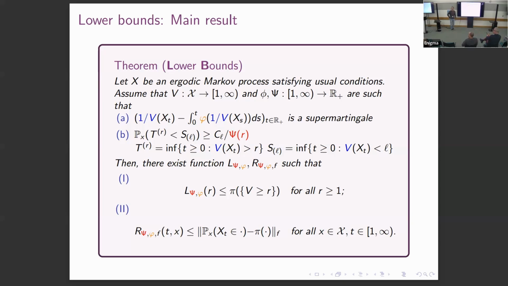So convergence rates depend on the initial condition, correct? Yes, on X. So it may be very bad if you start very far away. Even if you may have exponential convergence rates starting from good points, like from a petite set, you may have a much lower rate from another.